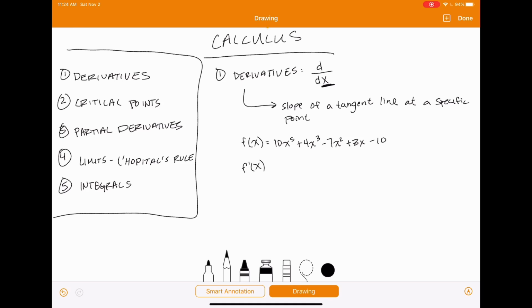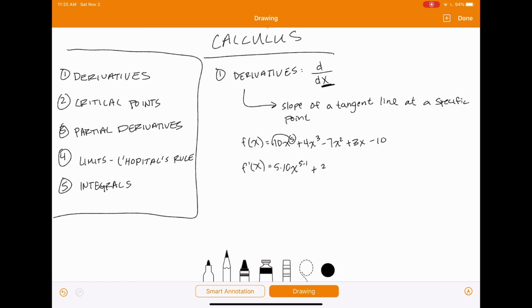The kind of cheat way, without using the definition of a derivative, is you're going to take your power, bring it down out in front, and multiply it by everything. And then that power, you subtract 1 off of it.